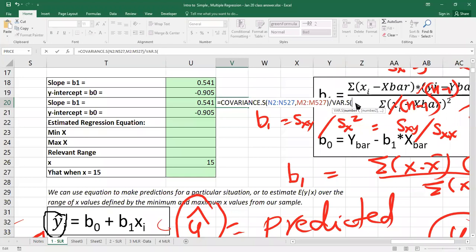Control V. And then the variance of x is yung m.